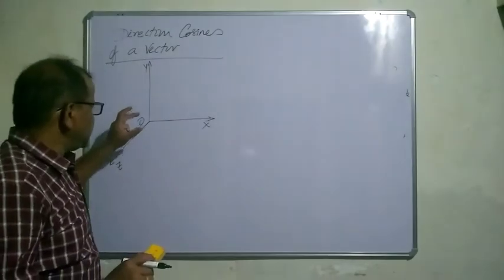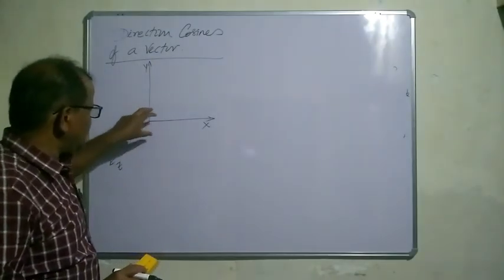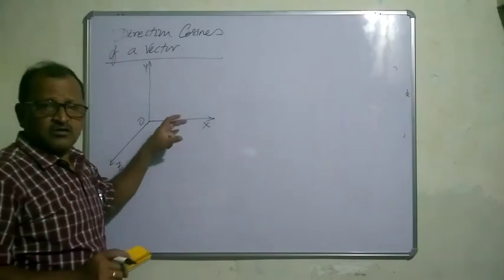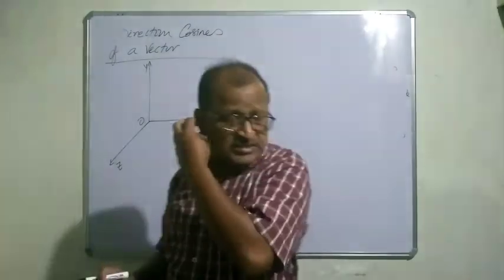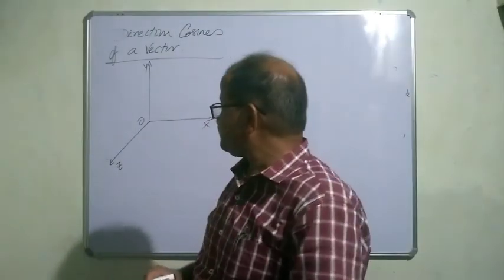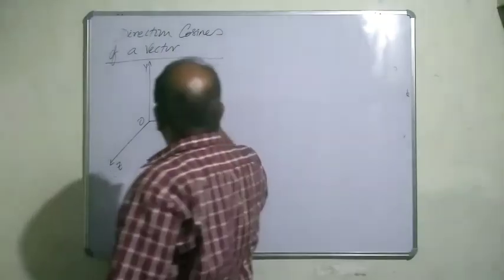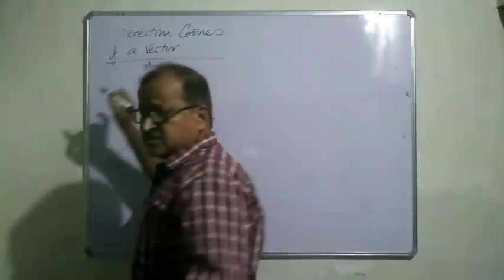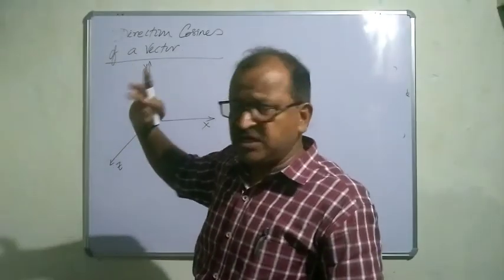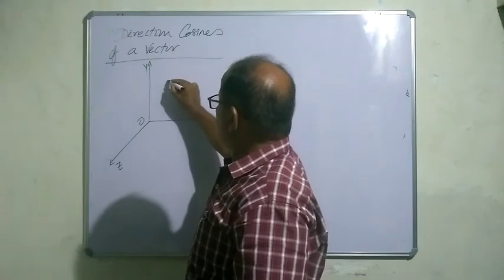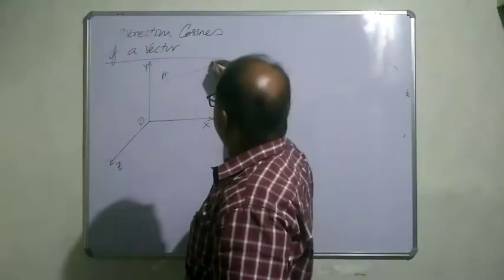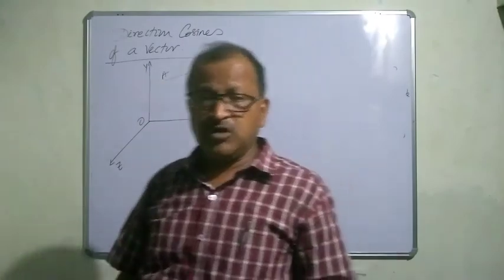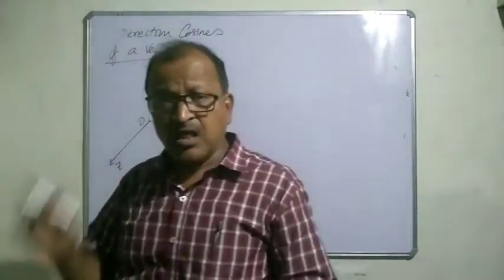Suppose it is in this space and the coordinate axes are like this. We have drawn only the positive directions of the axes. Okay. Now suppose in the space, not on this plane, suppose this is a vector AB in the coordinate space, in three-dimensional space.